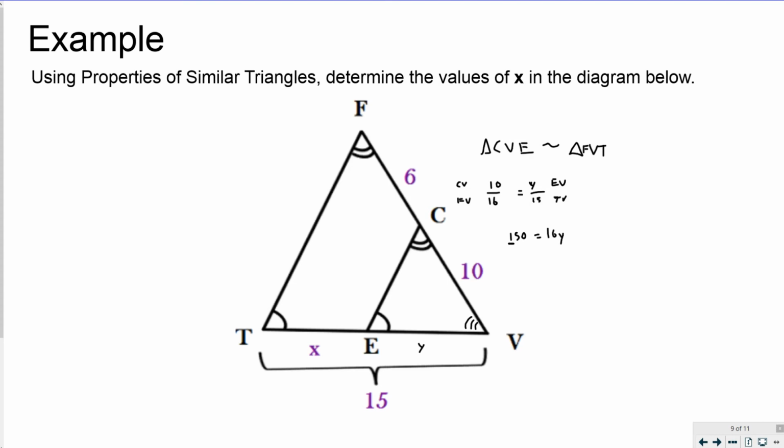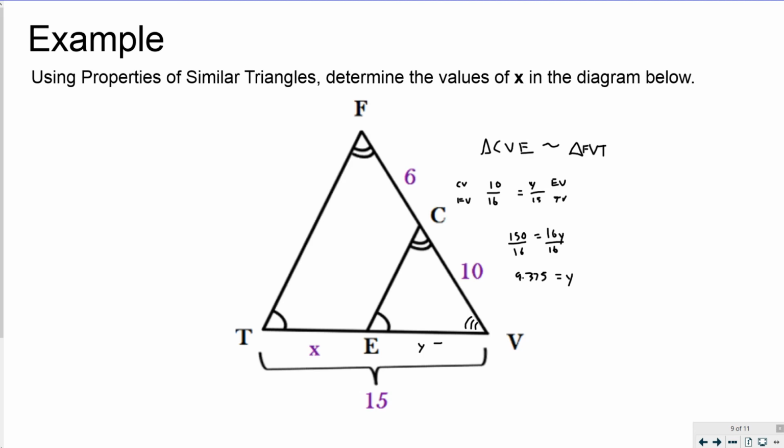Okay, so then I am going to divide both sides of my proportion by 16. So 150 divided by 16 gives me 9.375, and it's okay to get decimals, must be equal to y.